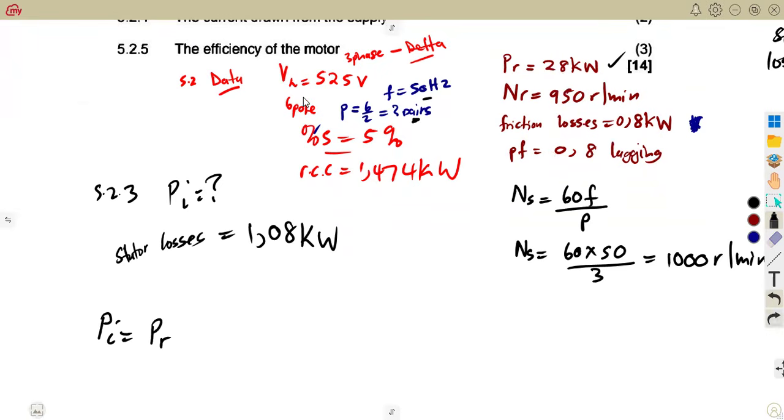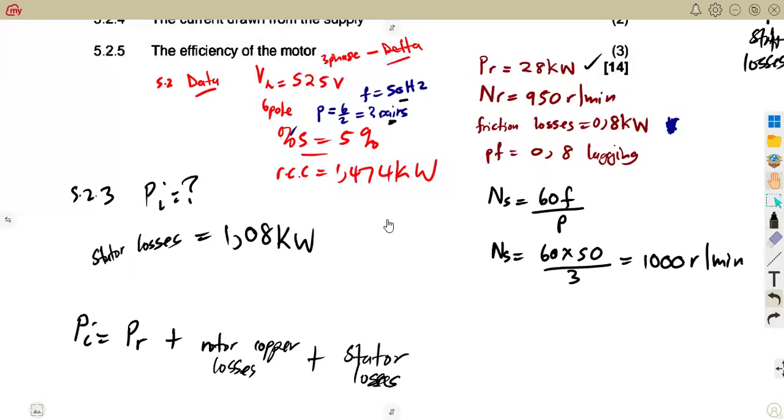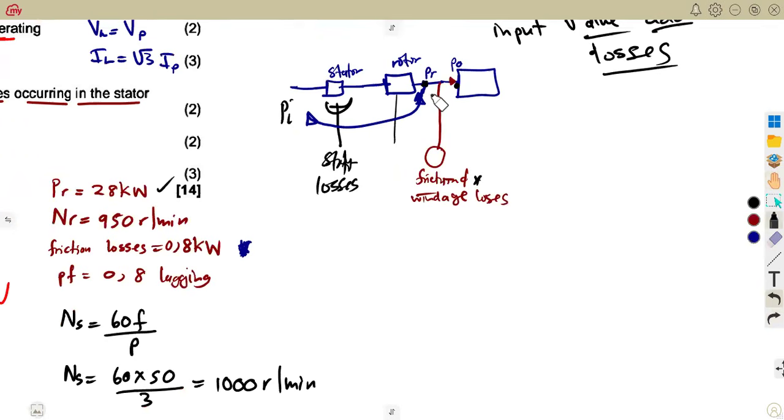What do we have before? That is where we consider the rotor copper loss. Remember, we calculated this rotor copper loss. We also have the stator losses. These are the ones we are supposed to consider in between.